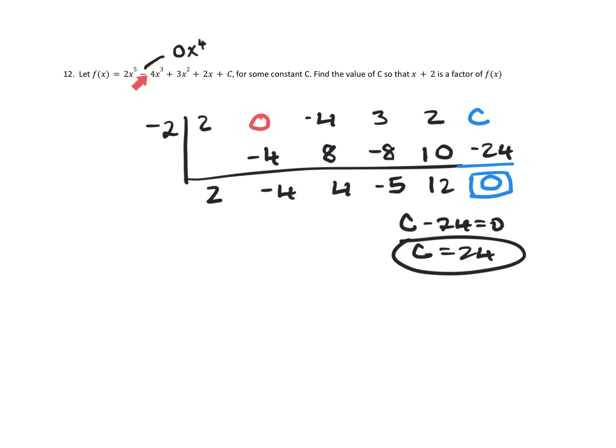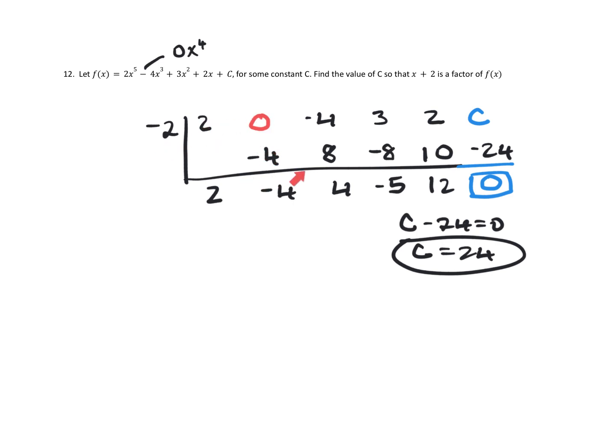If you look at this equation, I don't have x to power 4. It's 5, 3, 2, 1. Because I don't have that, I need to put a placeholder 0x to power 4. That's why you have 0 here. That's where the numbers are going to line up.